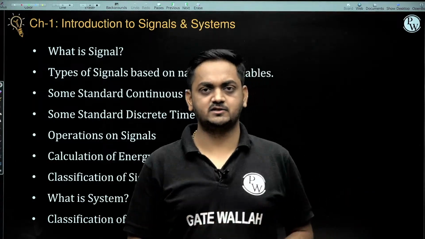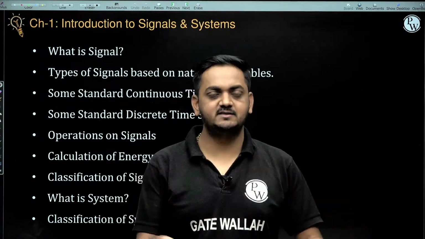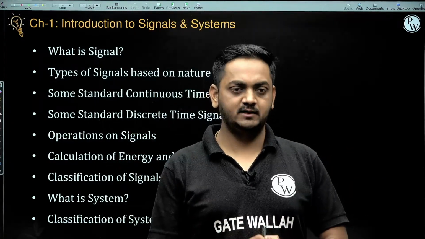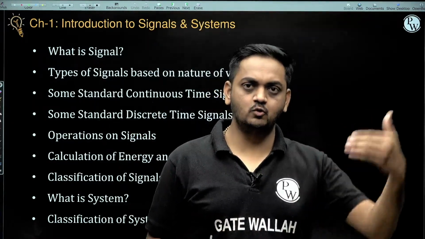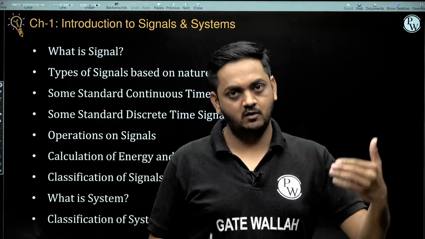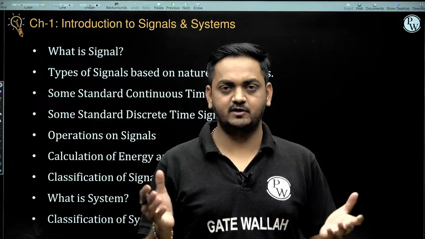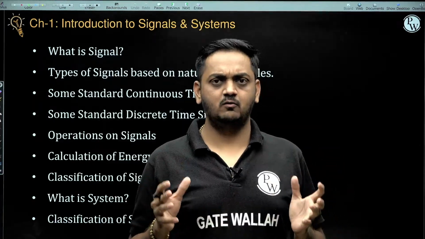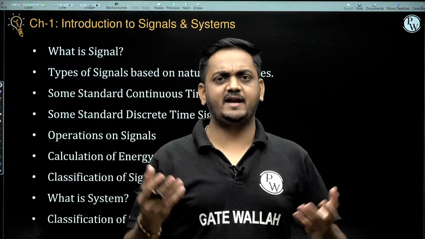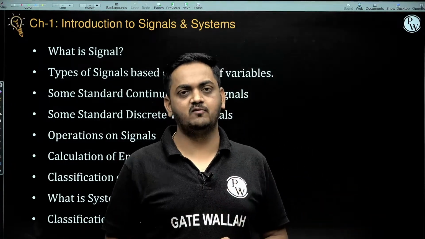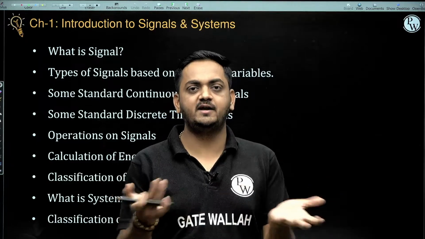Signal is an indication by which some amount of information is conveyed from one place to another place. This is the second definition of signal. First, what is the definition of signal? Signal is any quantity having some amount of information associated with it.